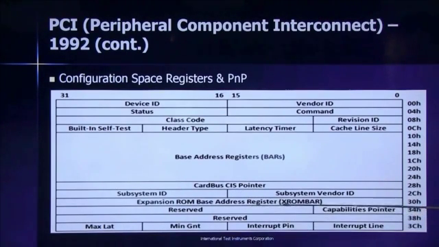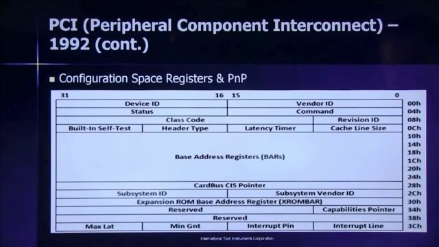Expansion ROM base address, that's if you have a device like an Ethernet controller that you could boot from, or a disk controller with supplied ROM, then this will actually point to the location of that code further in memory beyond this header space here. Capabilities does the same thing.